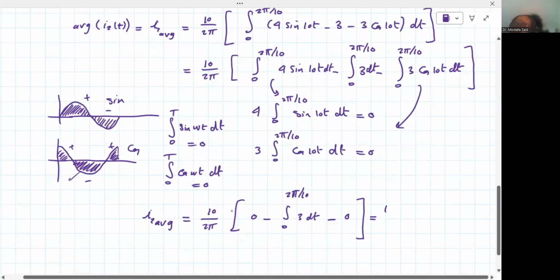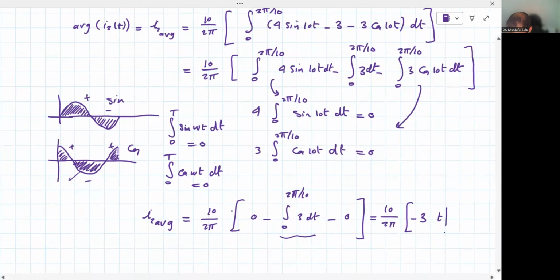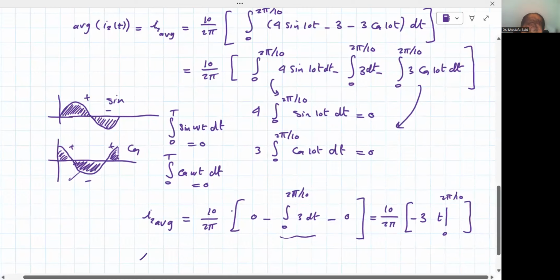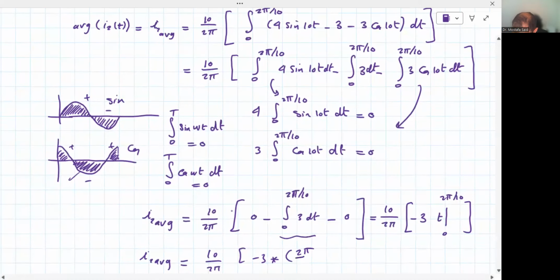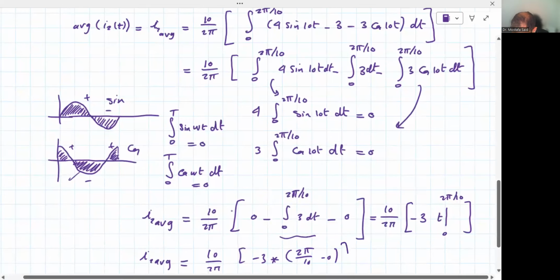So 10 over 2 pi, and let's do this simply, so minus 3, and this will be t, and the limits are 0 to 2 pi over 10. So I average equals 10 over 2 pi minus 3 multiplied by 2 pi over 10 minus 0.